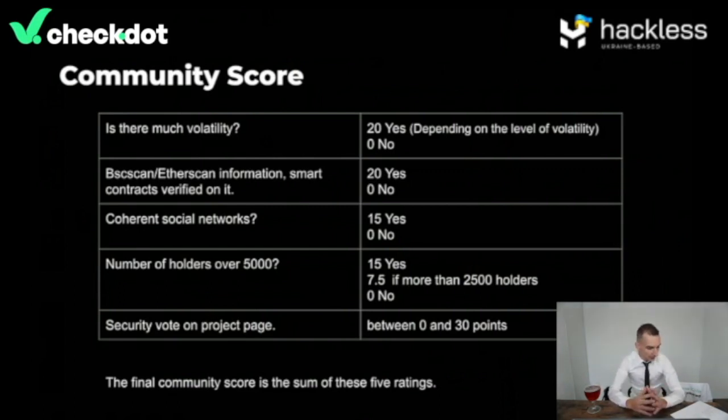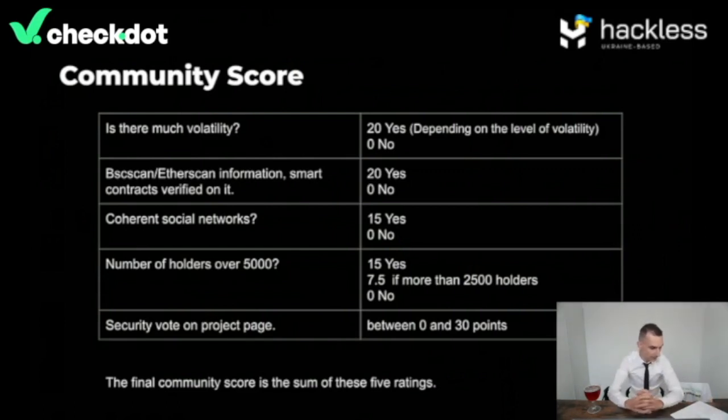If the token has made the request to add clear information on the blockchain, where there are, for example, BSCscan or Etherscan information, 20 points are added.